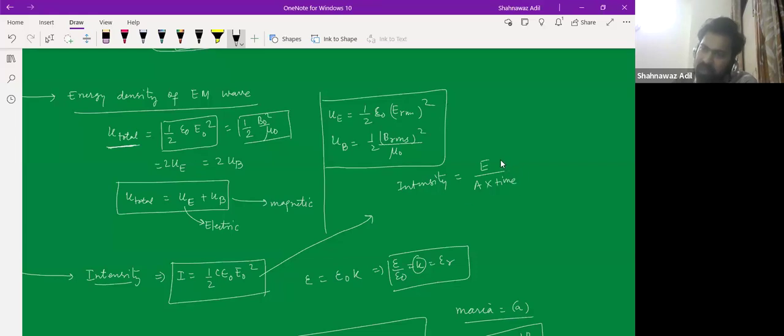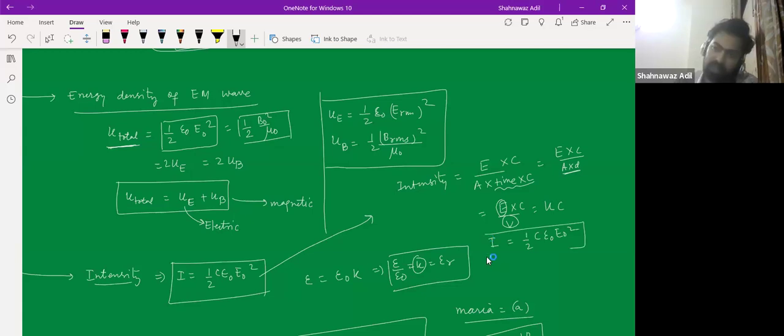I multiply this with C. C into time is distance, area into distance is volume, and then C. So energy per unit volume, that is U, the energy density, into C. So intensity is half C epsilon naught E naught square. Always remember this.